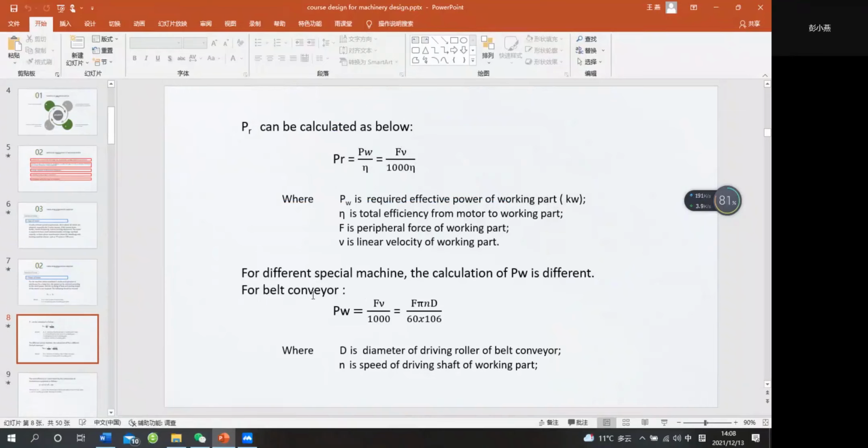For different special machines, the calculation of PW is different. For a belt conveyor, the required power can be calculated by this.